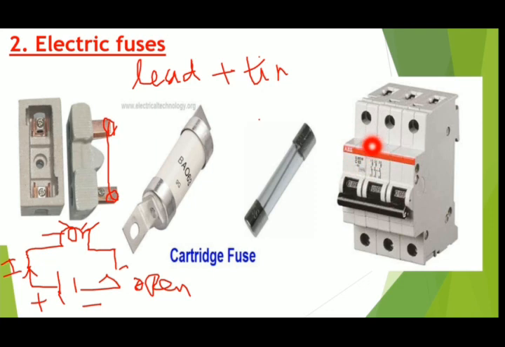Whenever excessive current is produced due to faulty wire connection, the circuit breaker switch opens in the downward direction. After repairing the faulty connection, we can close the circuit breaker switch in the upward direction.